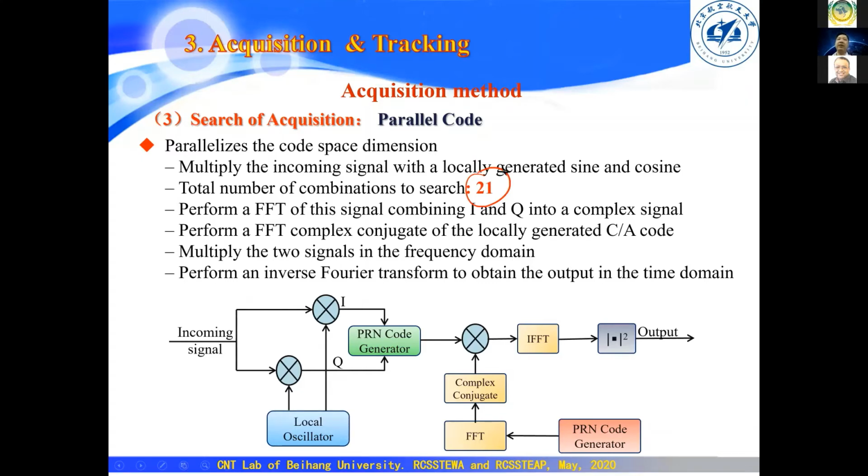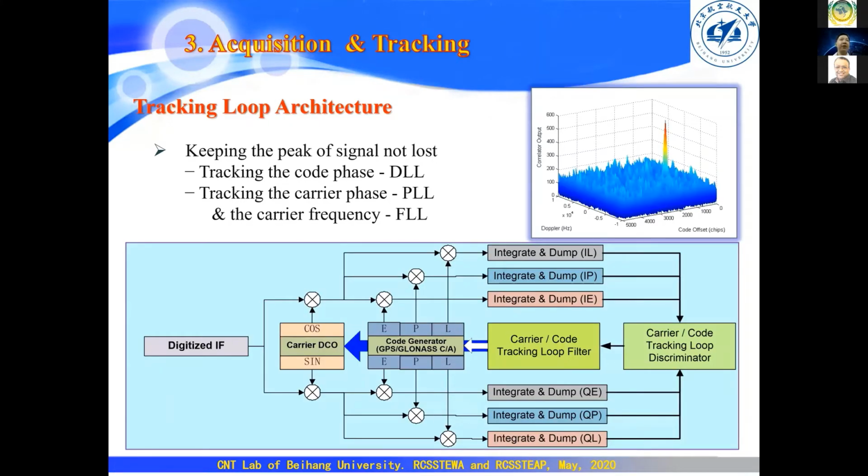With different methodologies, after acquisition we will know where the satellite is. For example, you are here and the satellite is here. But then, when we need to communicate with the satellite, we call it tracking. Consider that the satellite is moving, which introduces a problem: because the satellite is moving, the frequency is always drifting.